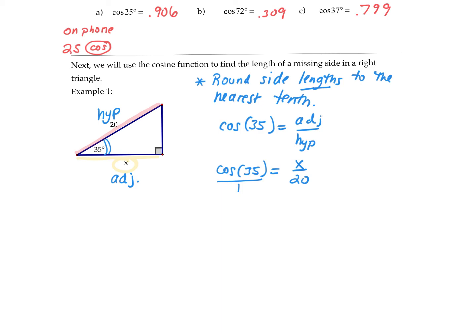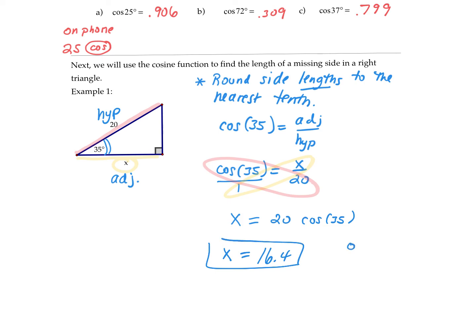And then remember, to solve a proportion, we cross multiply. So take x times 1, and we get x. Along the other diagonal, take 20 times the cosine of 35. Right, if you're working with a scientific calculator, you can go ahead and type that in. And when we round to 1 decimal place, it should round to 16.4.